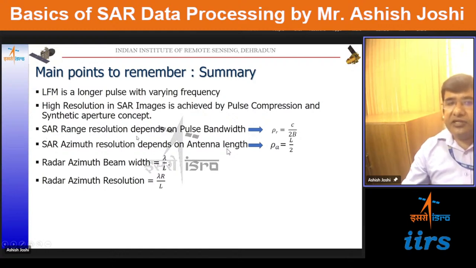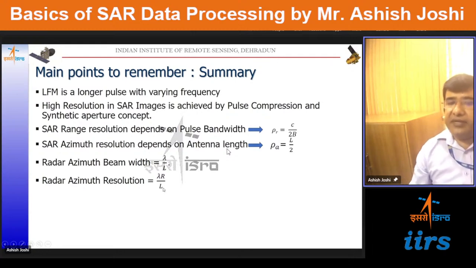The SAR range resolution depends on the pulse bandwidth and is given by C by 2B. The SAR azimuth resolution depends on the antenna length and is L by 2. The radar azimuth bandwidth is given by lambda by L, and the azimuth resolution is given by lambda R by L.